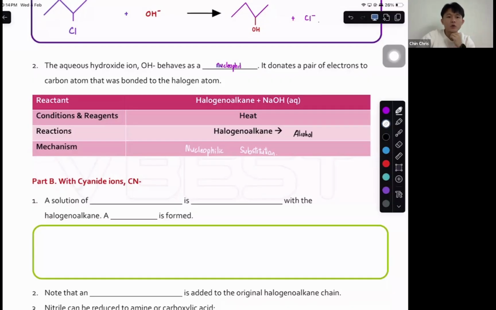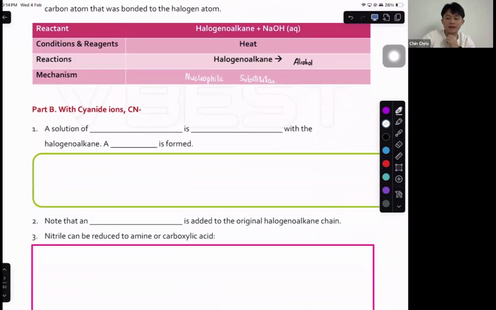All right, guys, next. It's with a cyanide ion now, CN minus. So this CN minus is a very popular reagent. CN minus will always form a product with one extra carbon. So if you want the product to have one more carbon, the only reagent that we can use is CN minus.